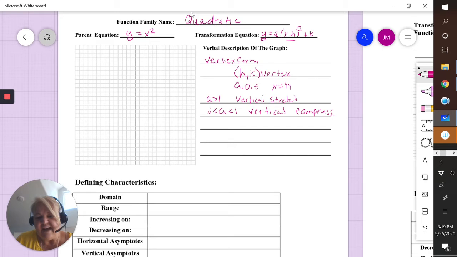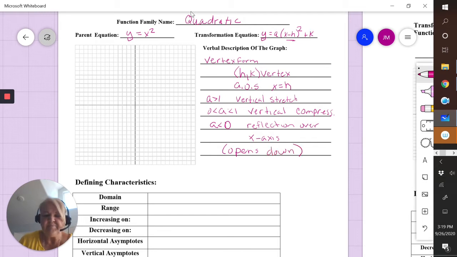If a is negative, less than 0, we have a reflection over the x-axis, which means your parabola opens downward.